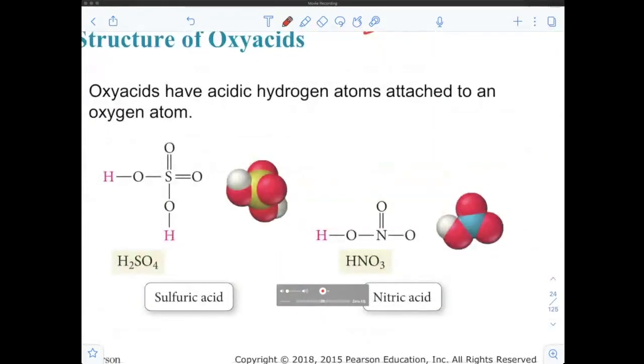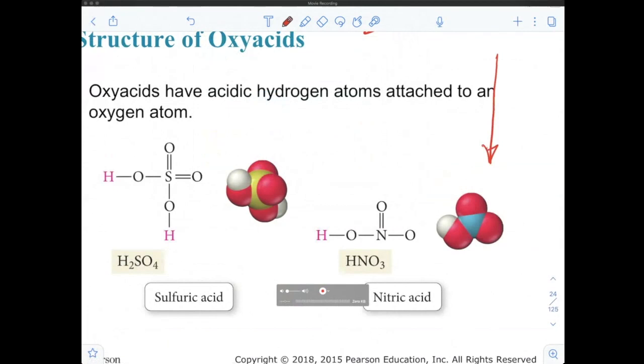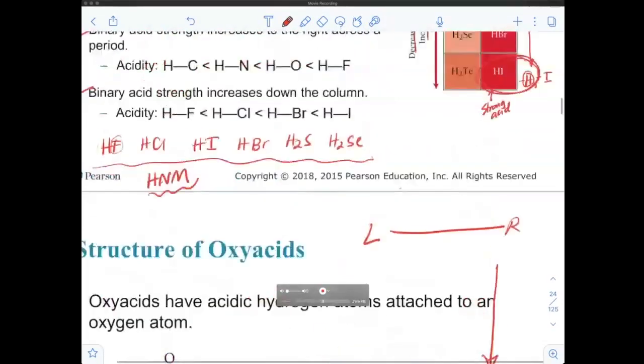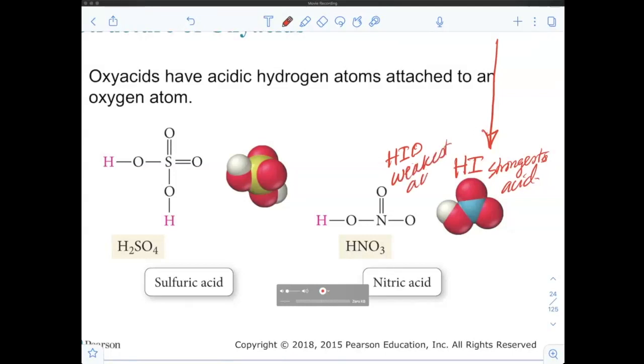With oxyacids, as you're going down the group, in the binary, HI would have given you the strongest acid. With oxy, HIO, when you add in the oxygen, this actually gives you the weakest acid.